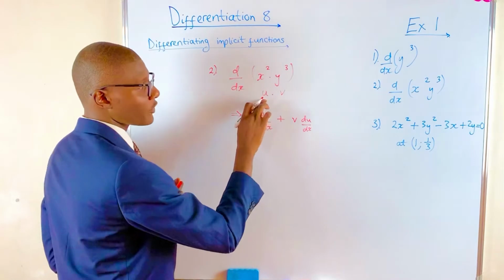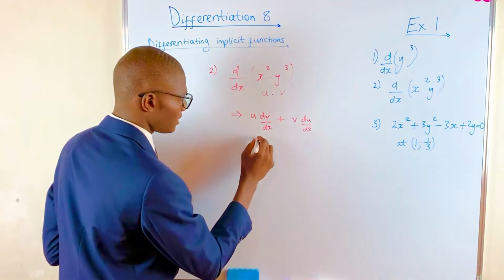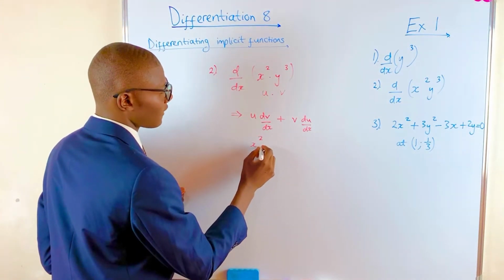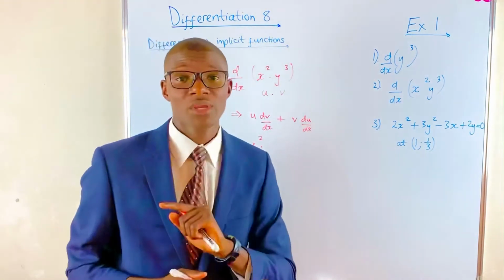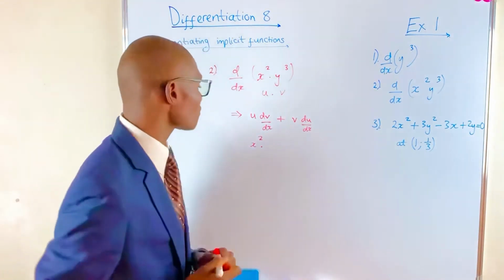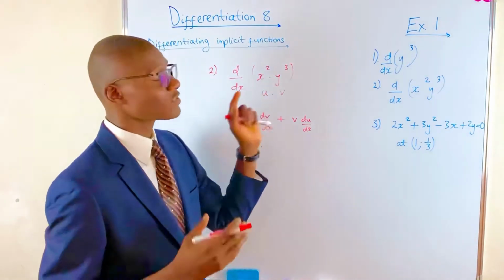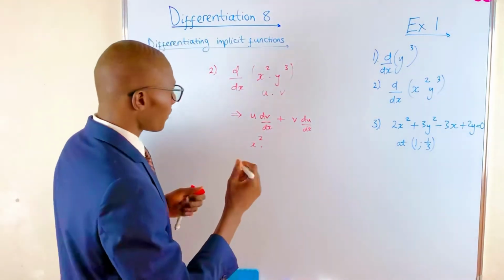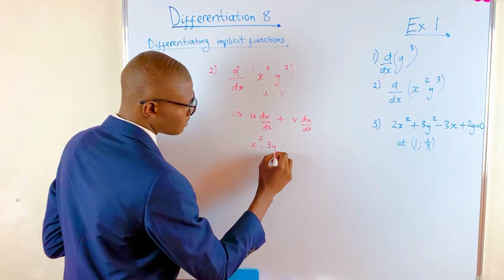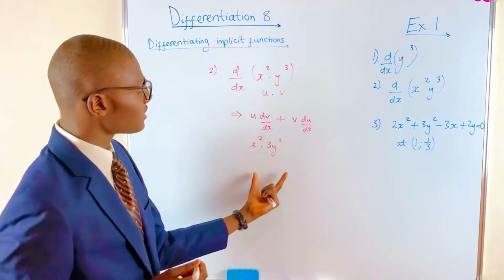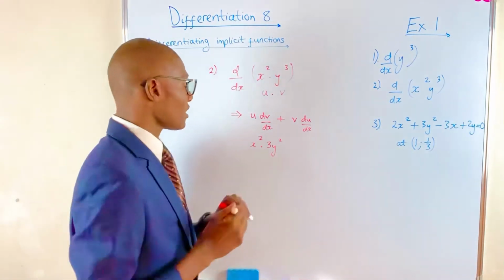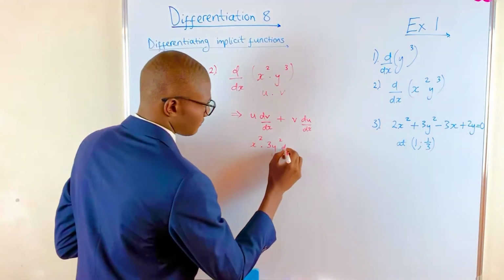So now our u would be x squared, then times dv by dx. We want to differentiate y to the power of 3 with respect to x. So first of all, we differentiate this y to the power of 3 the normal way, whereby we drop the power, multiply by y, then subtract 1 from the power. And then after this, we multiply by the expression dy by dx.